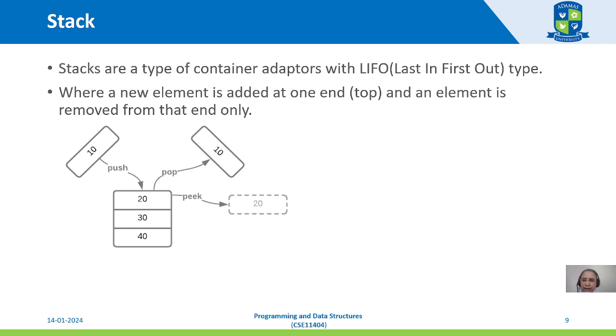Here peak is actually pointing to the element which we have inserted at the last. That means it is acting as a pointer and points to that position where the last element was inserted.